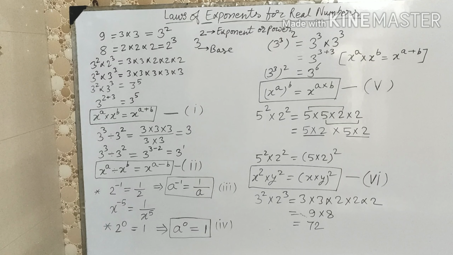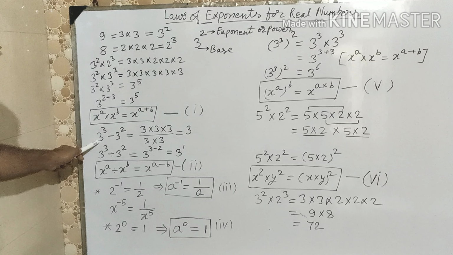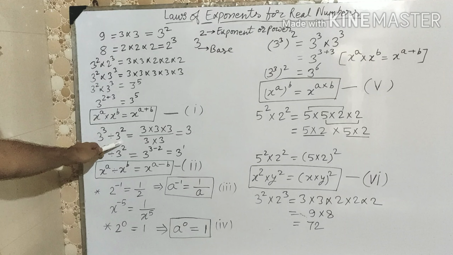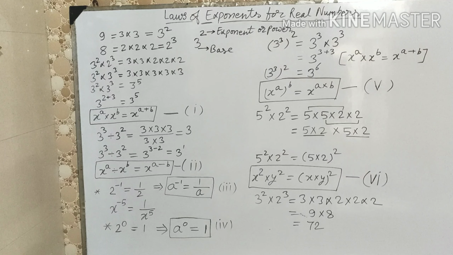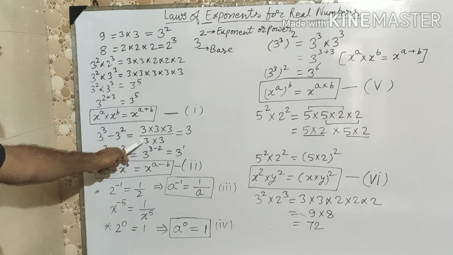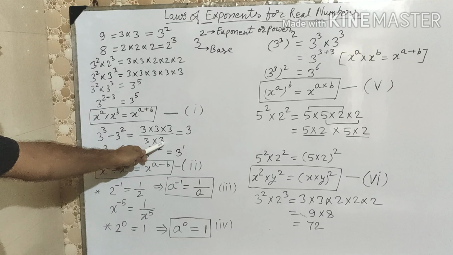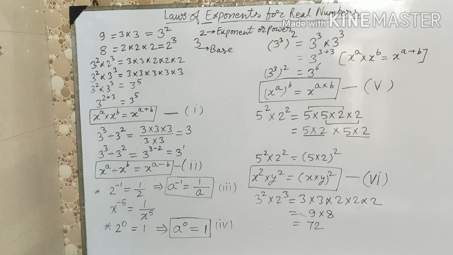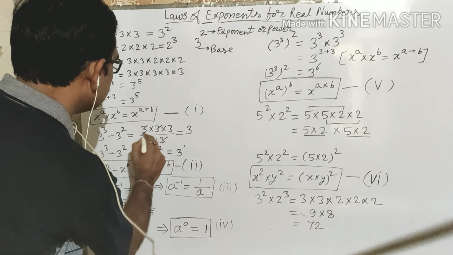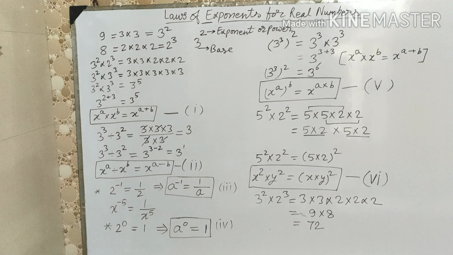In case of division, 3 to the power 3 divided by 3 to the power 2. Here 3 to the power 3 is the numerator and 3 to the power 2 is the denominator. So in the numerator 3 comes 3 times and in the denominator 3 comes 2 times. Here 3 will cancel with 3 and finally we get only 3.